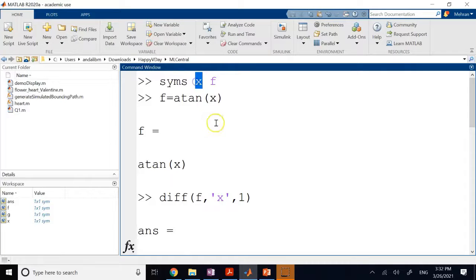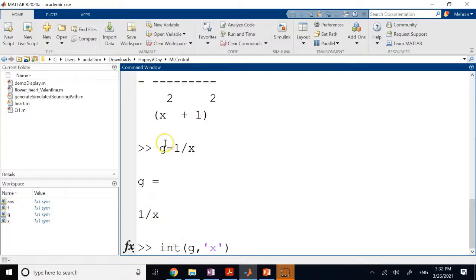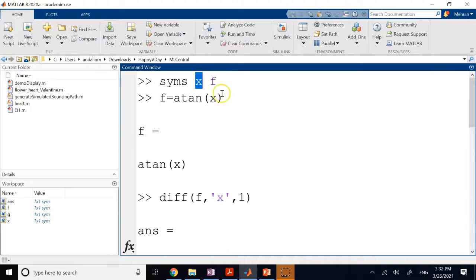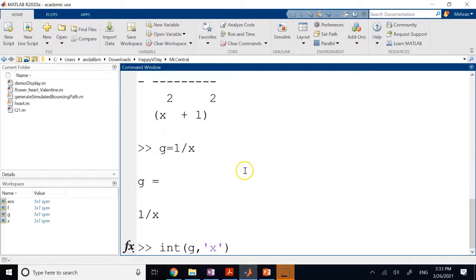Because x is symbolic, when g is a function of x, automatically, if you look, g will be assigned symbolic. So in the beginning, if I did not define f as symbolic, it still would be symbolic when I say f is arctangent of x. Okay? So independent variables should be declared, for sure. Dependent, you don't have to.